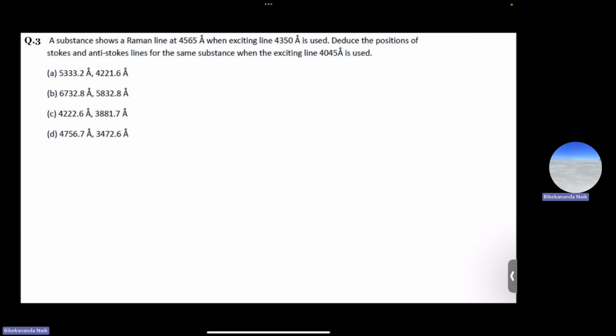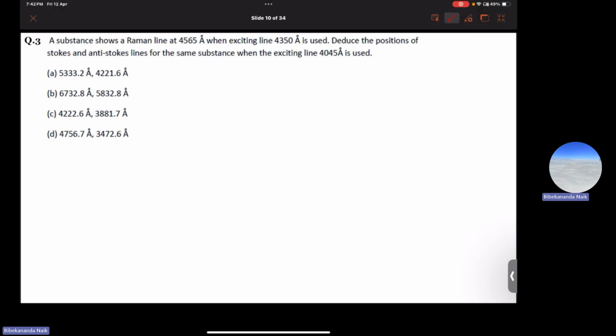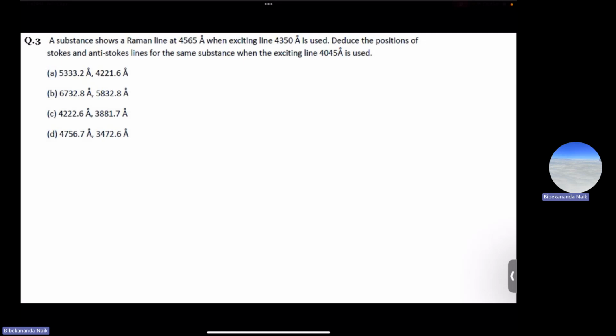Deduce the position of the Stokes and anti-Stokes lines for the same substance when the exciting line of 4,045 angstrom is used. This question is pretty much similar to the previous question, but in the previous question we needed to calculate only the Stokes line, but here we need to calculate both the Stokes line and the anti-Stokes line. So in each option there are two wavelength values.